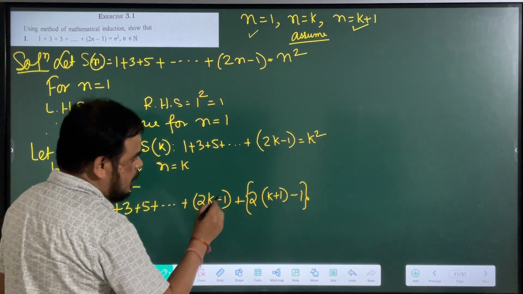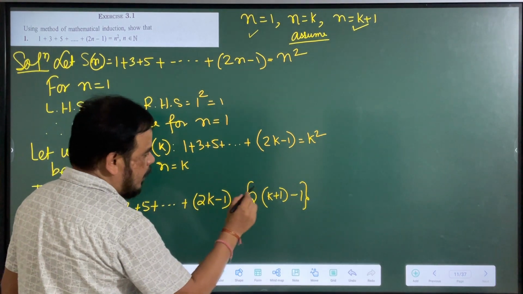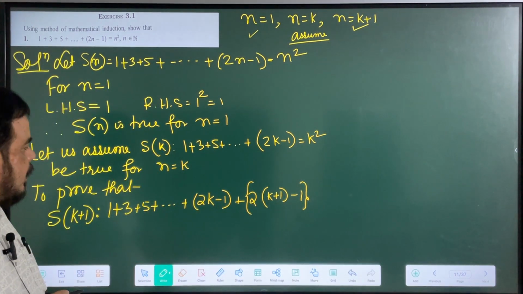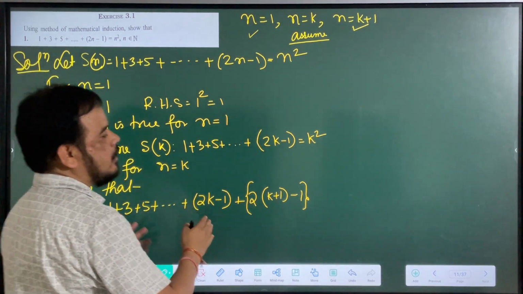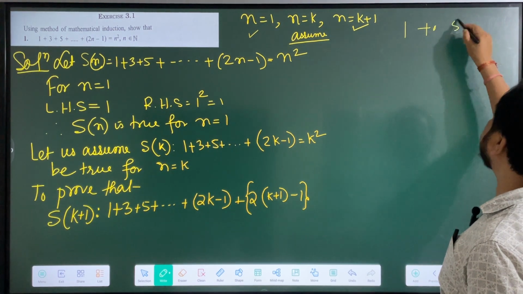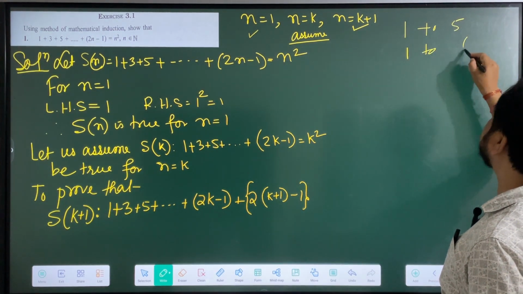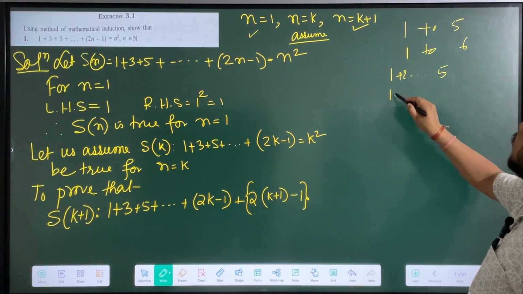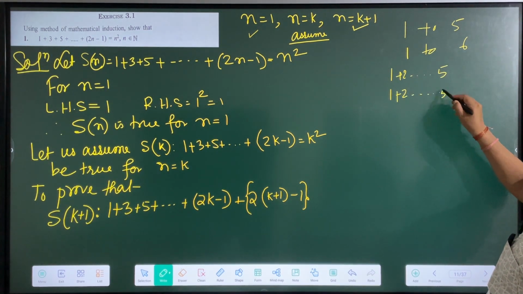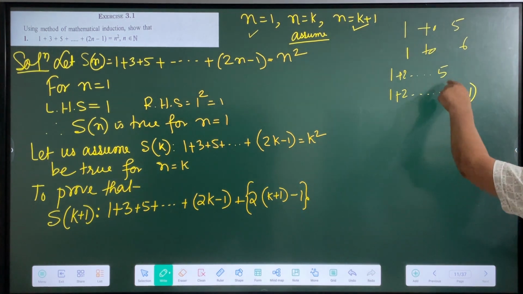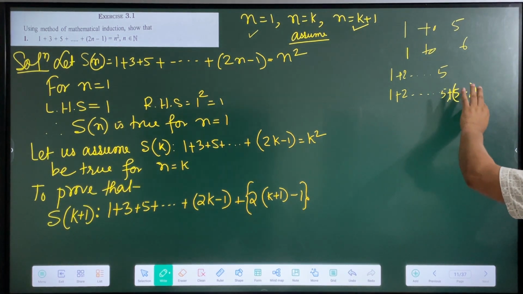This way 2 is in each place, k will be k plus 1, minus 1 is minus 1. I hope you understand. This is an example I already explained in the previous video. 1 to 5 and 1 to 6. How can we write? 1 to 5, then 5 as it is 5. Next term will be 5 plus 1.